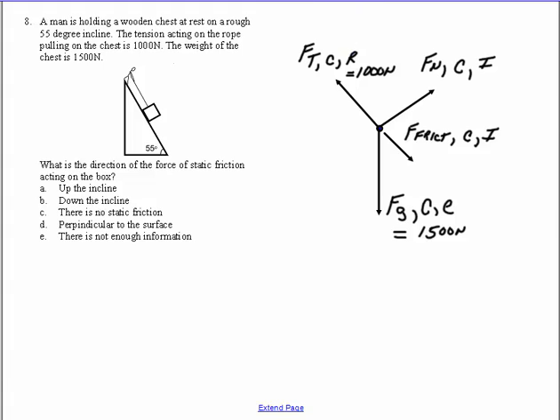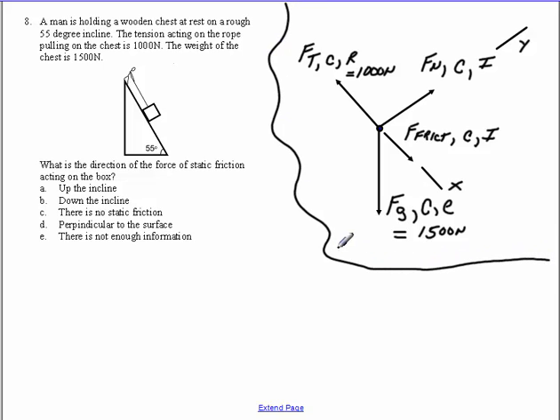We'll label some type of axis system here. We'll make anything that goes this way be X. Anything that goes this way be Y. Okay, so there's our force diagram right here.